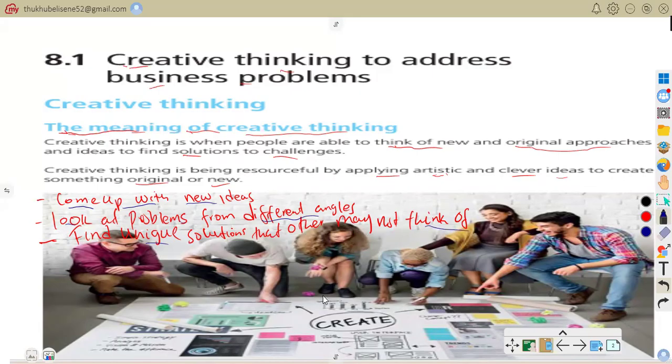In short, creative thinking helps business to solve problems in smarter and innovative ways, which can lead to growth and success. Hope you're together, Grade 11s.